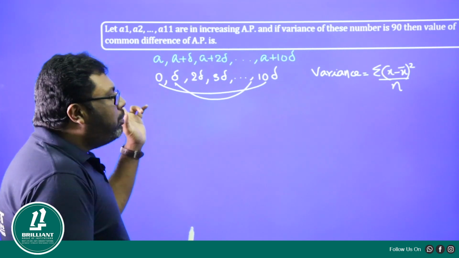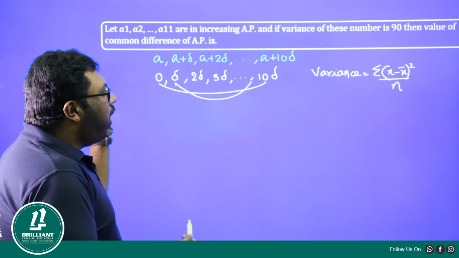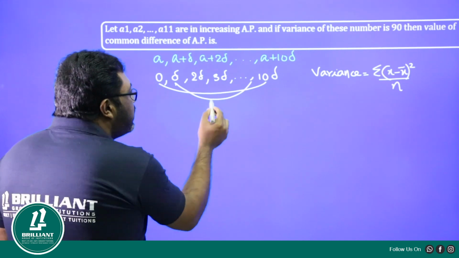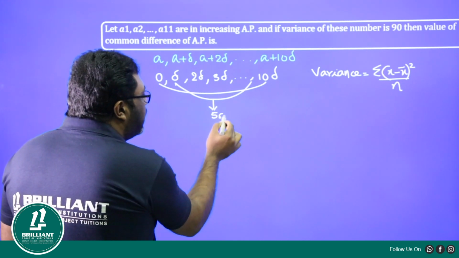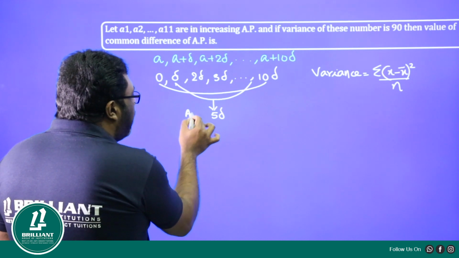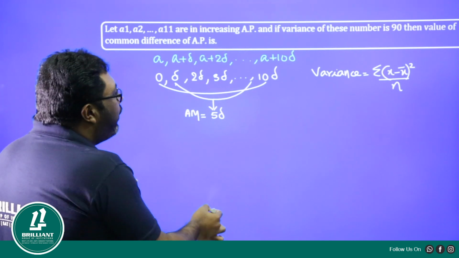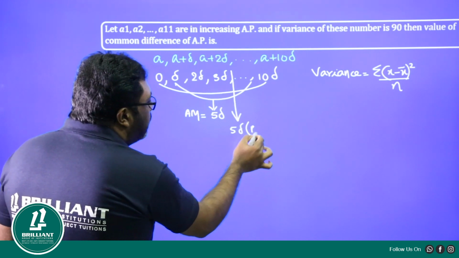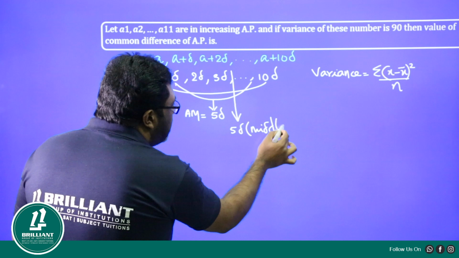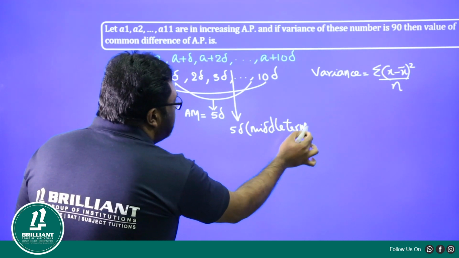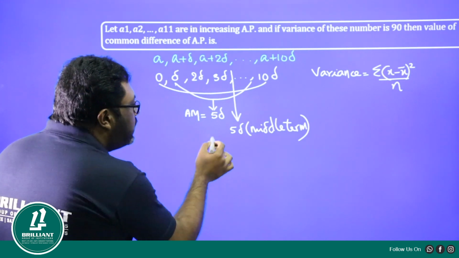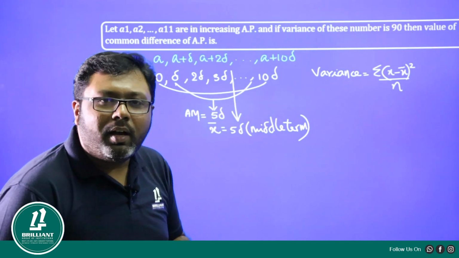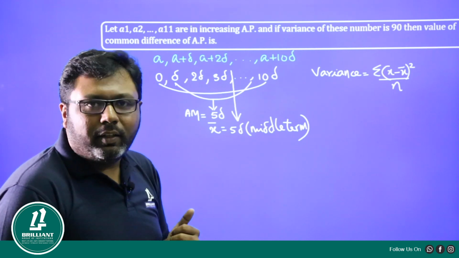So the arithmetic mean of all these numbers paired from the first end to the last end is always 5D. 5D is exactly in the middle, it is the middle term. These terms are equally spaced, so automatically my X bar is 5D.